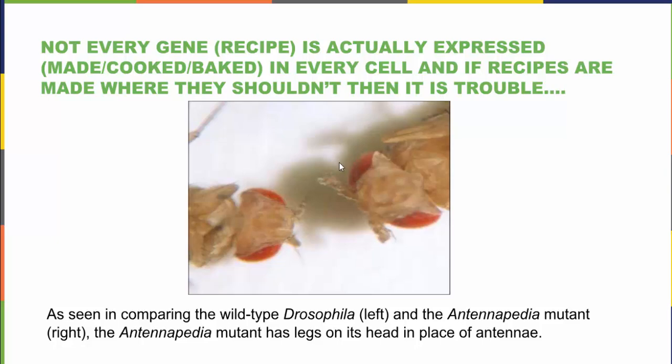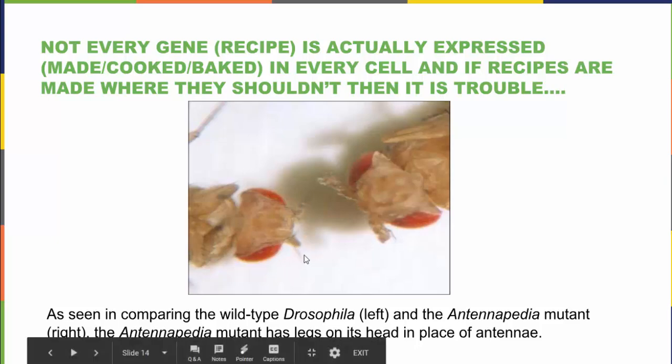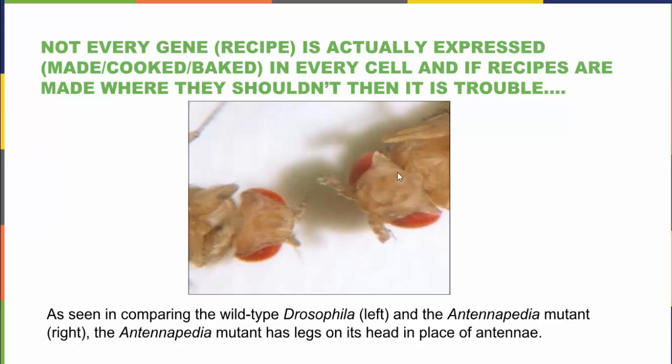So this picture here is kind of neat. On the left we have a fruit fly, and these little wispy things that we can see coming off his head, those are regular antennas. But this guy on the right here has a problem where in his antenna cells there are things being expressed to make his legs.